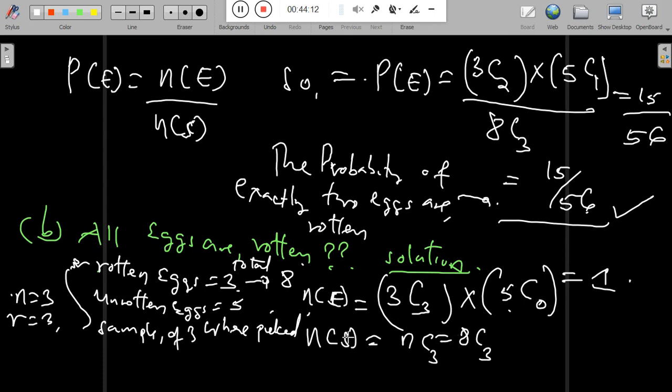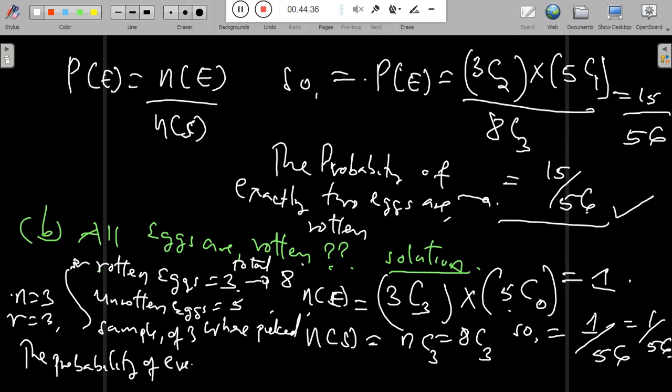So this will give you 1, divided by the total number of sample space, that is 8 combination 3. So the answer is the number of events, 1, divided by the total number of sample space, which is 1 over 56. So the probability of the event that all eggs are rotten is 1 over 56.